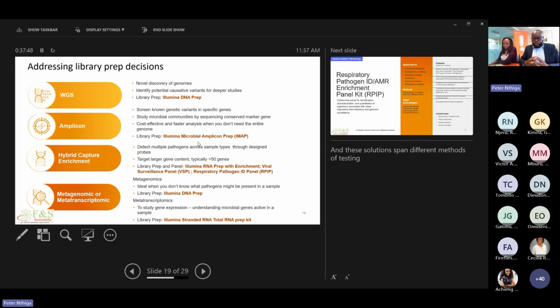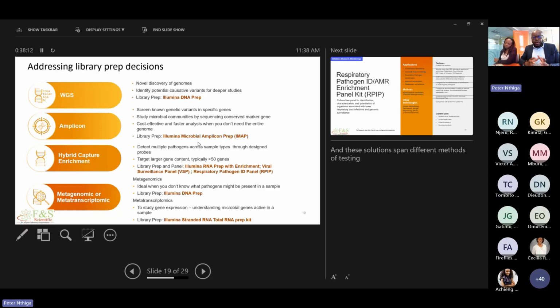For example, Illumina provides you with the virus surveillance panel, which supports you if you are looking at viruses. We have the respiratory pathogen panel, which looks at quite a number of pathogens, including bacteria, viruses, and so on.